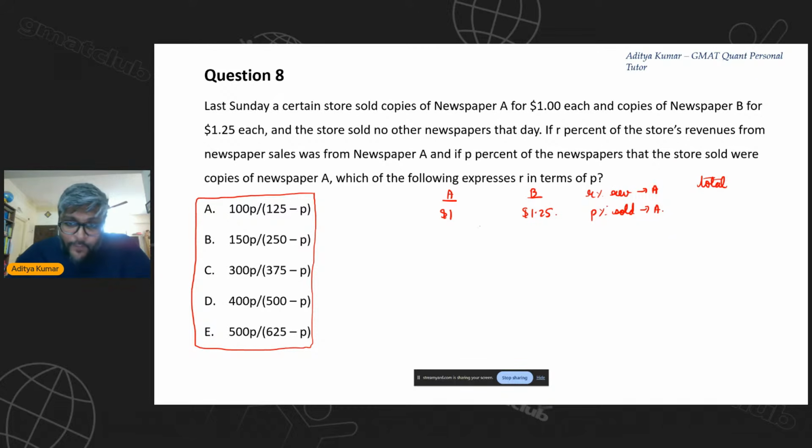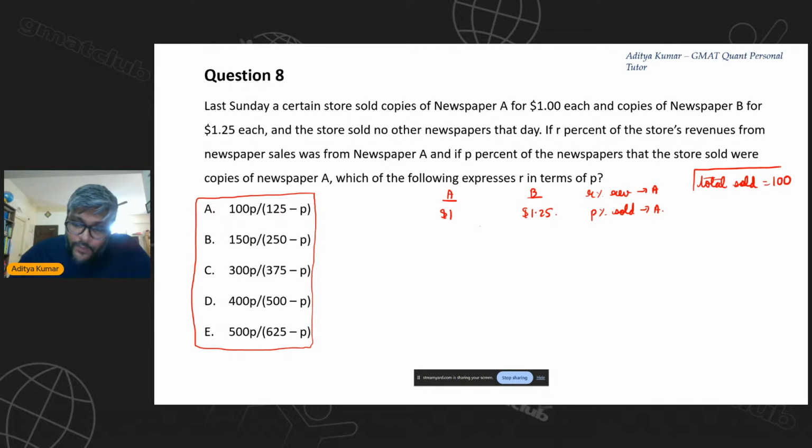So for me to calculate the revenue, I need how many papers were sold. So I took the total sold as X, but since I'm working with a percentage based question, and I also have the answer choices in terms of fractions and variables, I can be flexible by picking a value. So instead of taking X, I'll say let the total sold be 100.